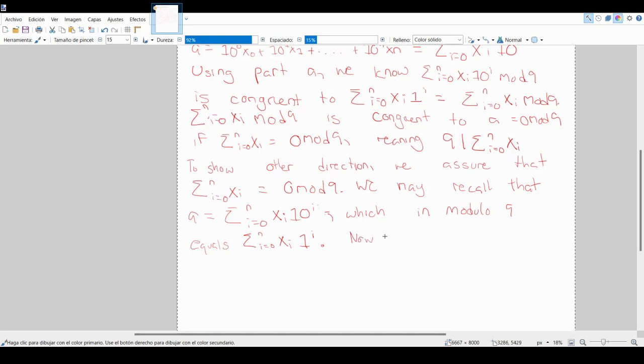Now we have assumed the sum of the xi to equal 0 mod 9. So A equals 0 mod 9 times 1 to the i mod 9. And this will equal 0 mod 9.